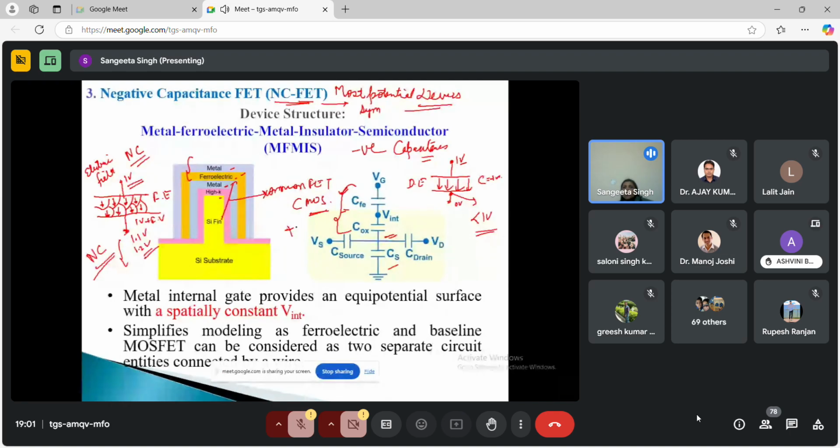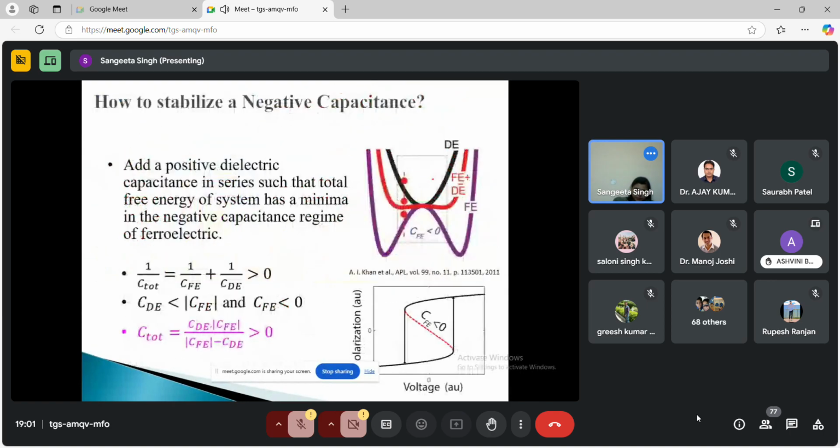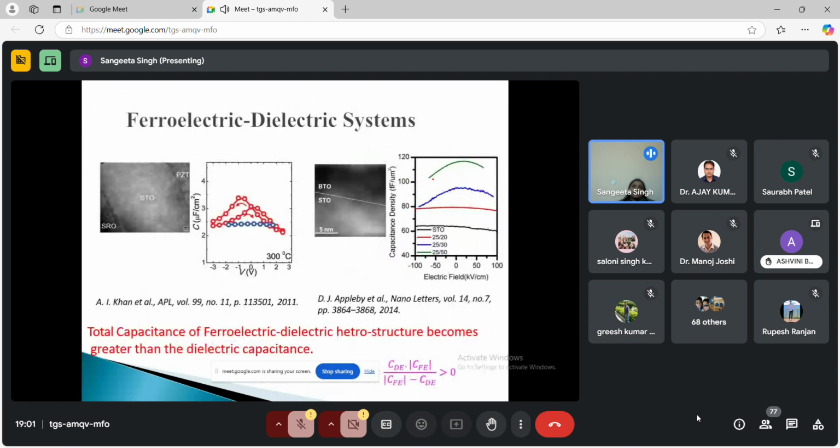They collectively will be positive, but the ferroelectric capacitance can individually be a negative value. So to have a stable system, the net capacitance of the system should be positive. So this is the ferroelectric and dielectric system. The net system will be positive, but the ferroelectric will be negative and the dielectric will be positive.